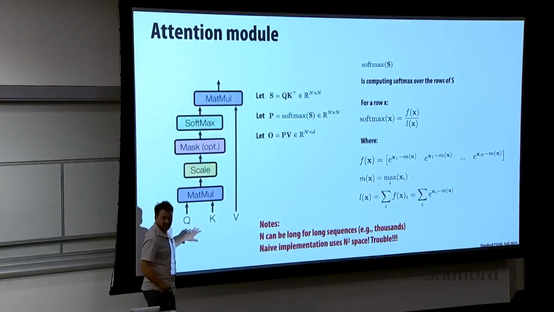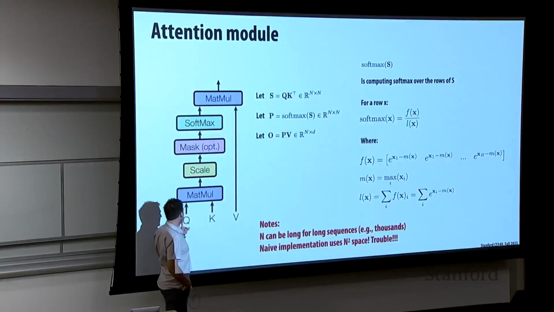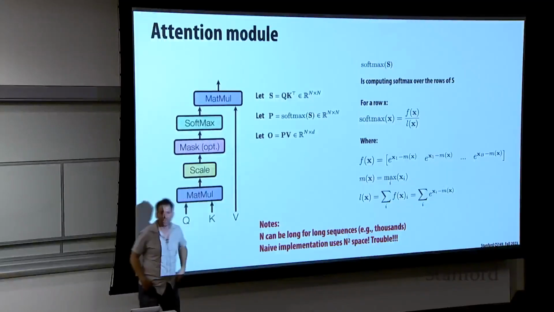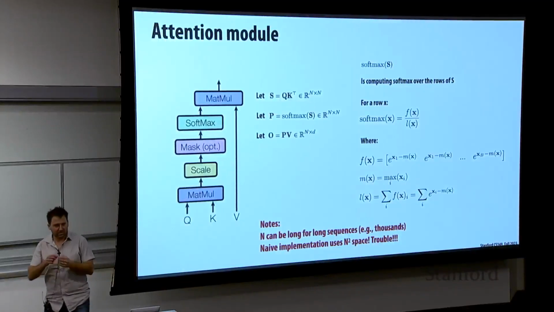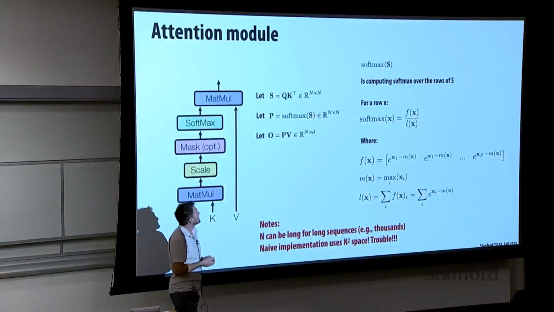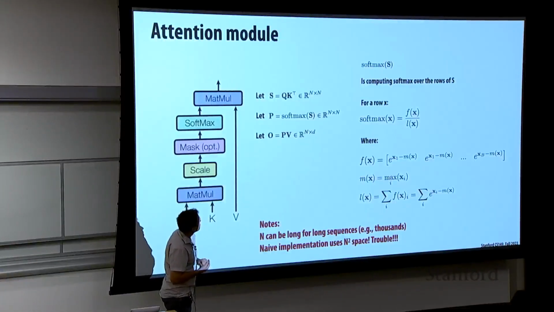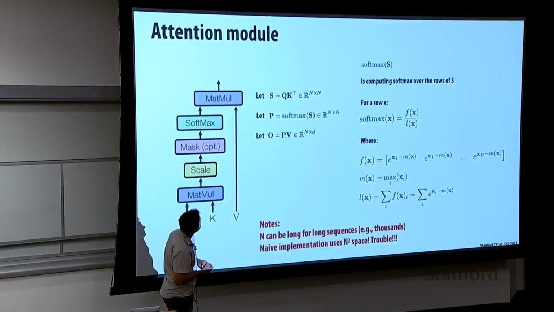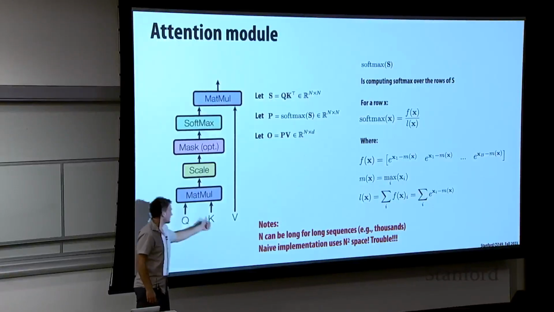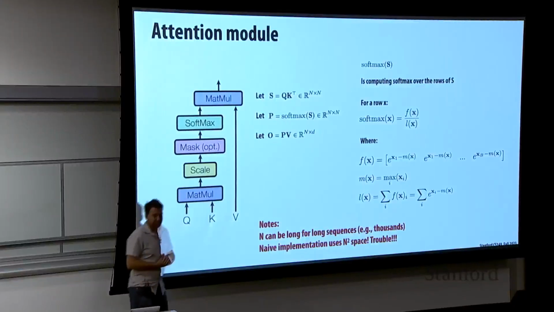But just think of it for now as 3 embeddings, 3 vectors, Q, K, and V. They're n-dimensional arrays, and at every point in the array, think of there being a d-dimensional embedding. So this is n by d, this is n by d, this is m by d.